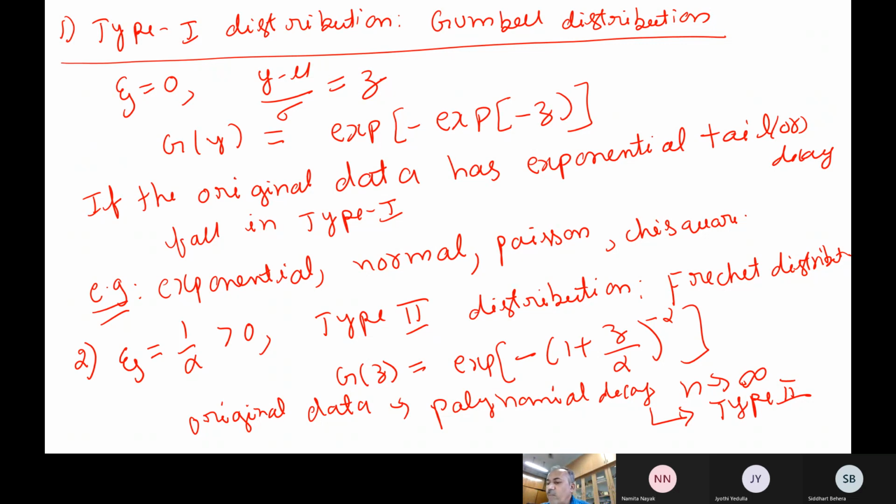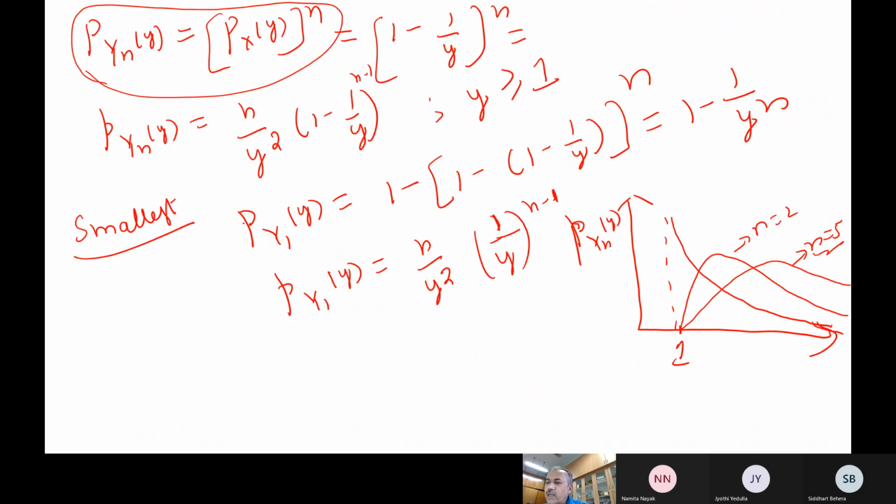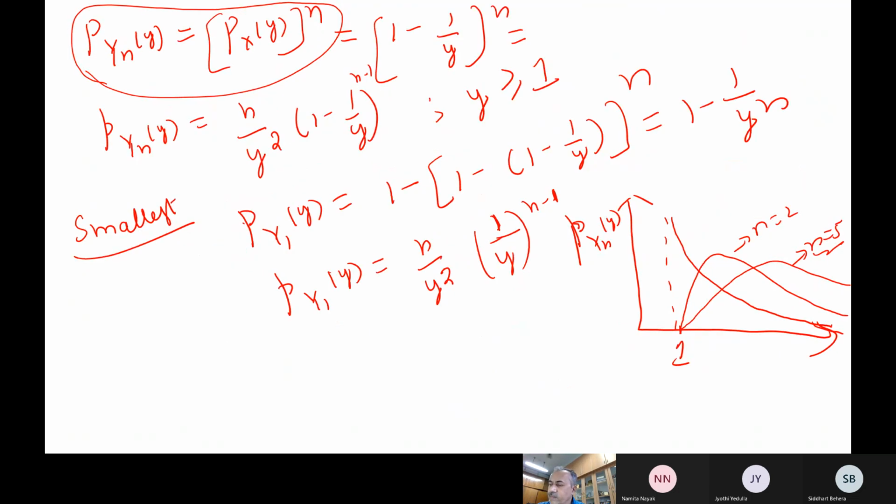For example, 1 by x square. We did this problem, right? With 1 by x square, which is a polynomial decay, consider the largest value as n tends to infinity. It is a polynomial decay as n becomes very, very large.